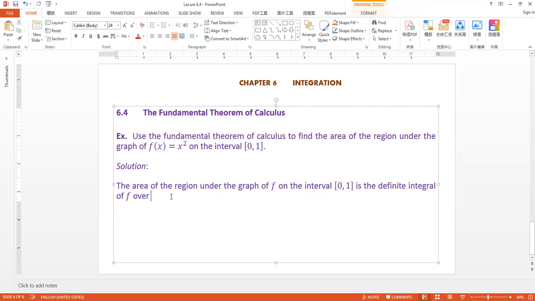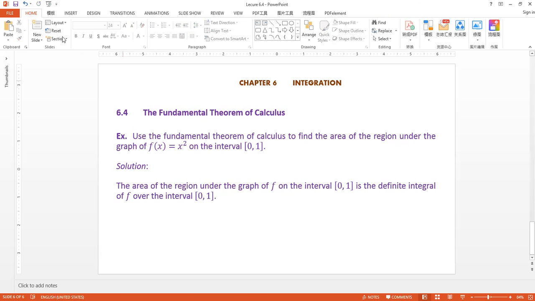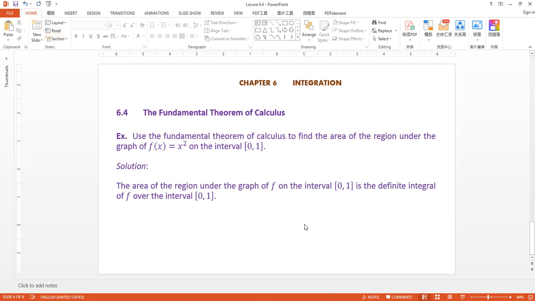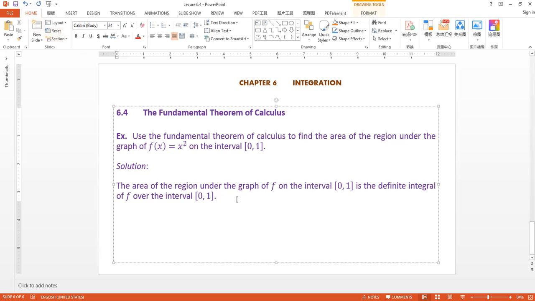So this is the one thing we have to know first. The definite integral is defined as the area of the region under the curve. That's the definition.